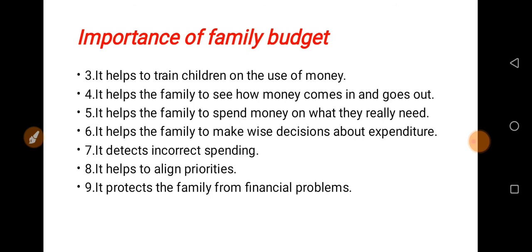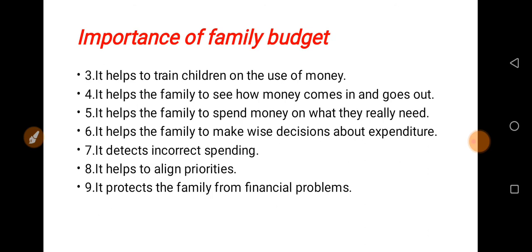It helps the family to see how money comes in and goes out. It helps the family to spend money on what they really need. Yes, it helps the family to make wise decisions about expenditure, and it detects incorrect spending. Yes, when you make family budget, it detects incorrect spending.